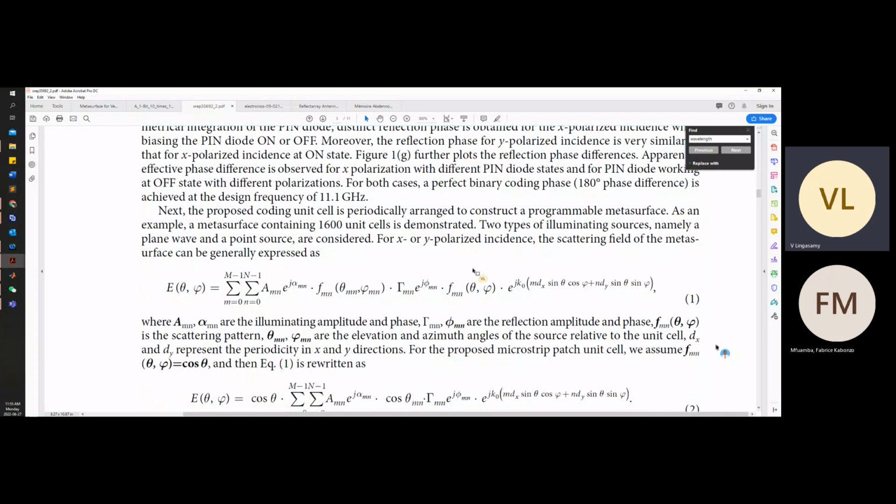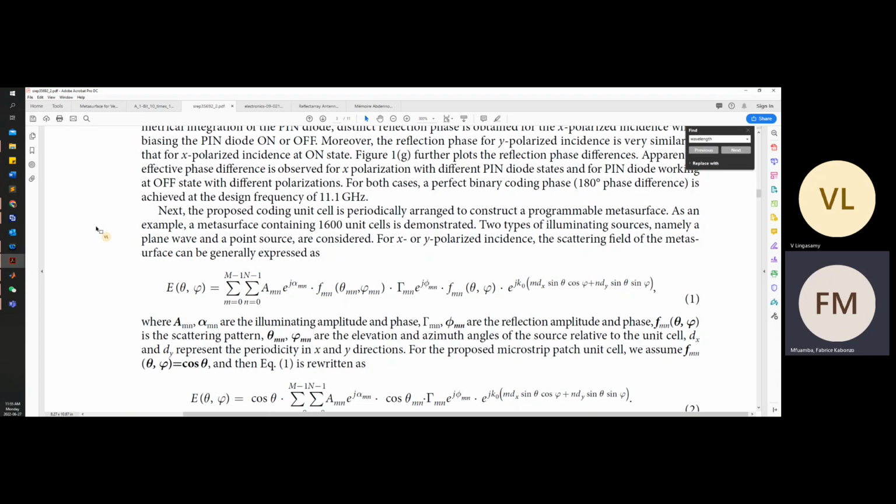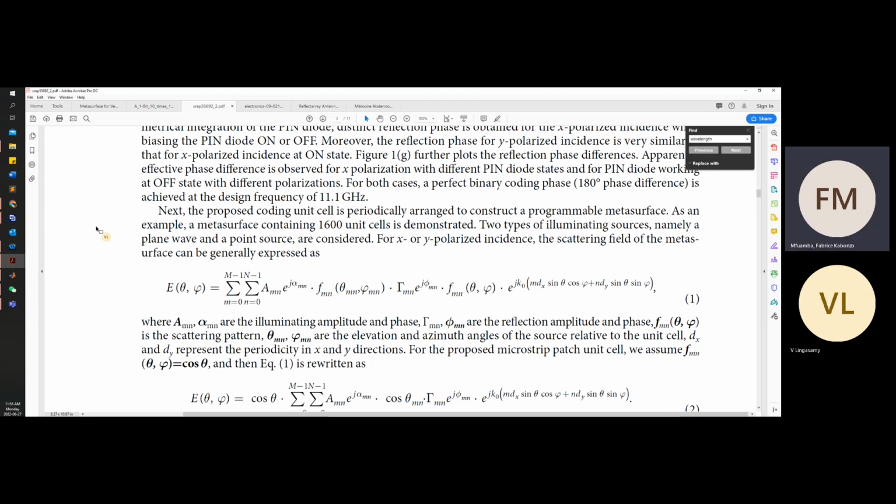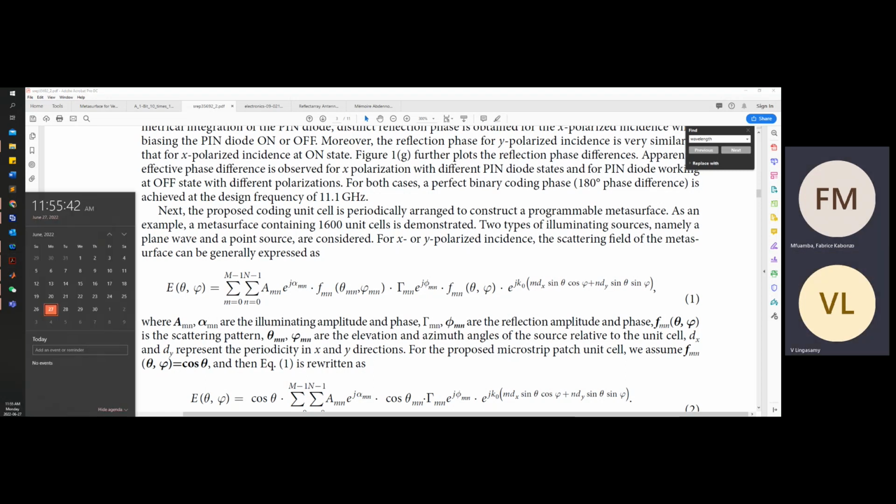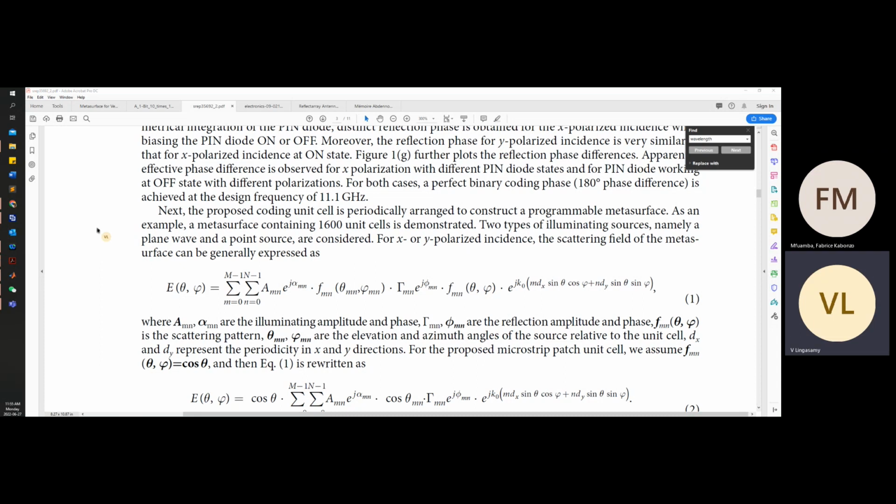Here what they are mentioning is E of theta comma phi. Do you have Paint open? Can you open Paint? I can open, sir. Oh, the internet has a problem. It's not showing here, can you drag?